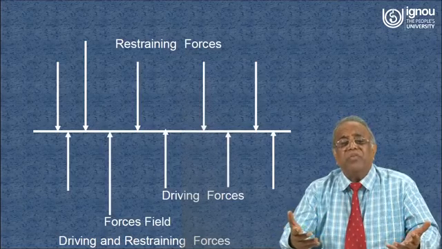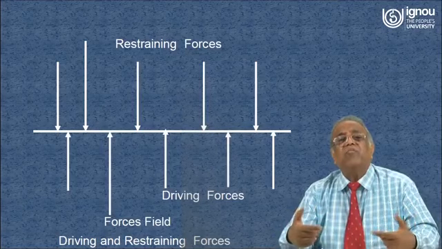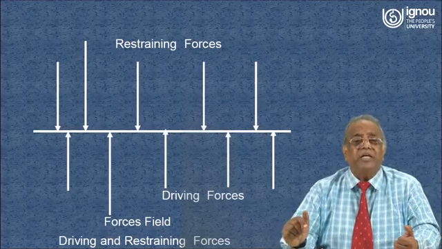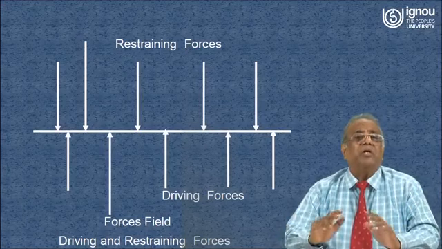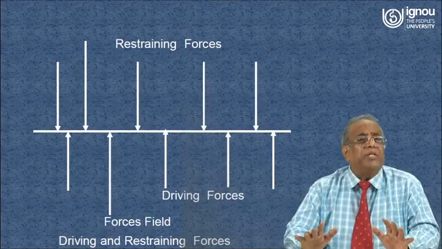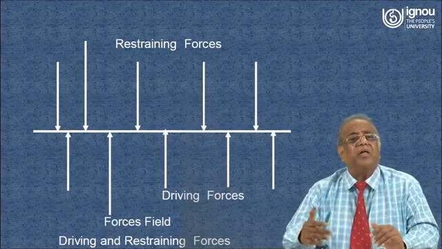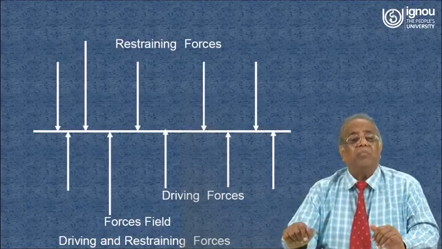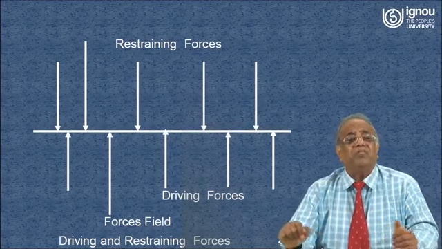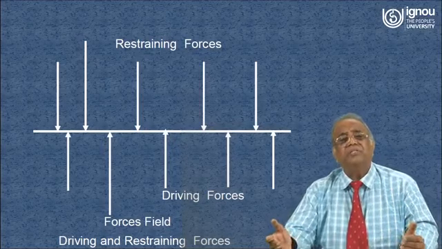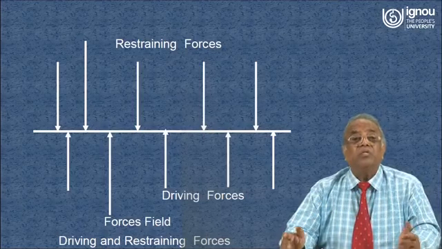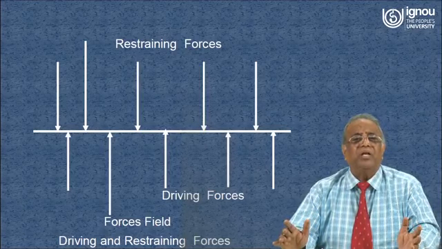The driving forces are the forces which are for the change, and restraining forces are the forces which are against the change, because if you introduce any change, you will find that there is resistance to that change from your own employees, because they feel that if there is a change, then there may be some problem for their growth. So they will try to obstruct or resist that change.